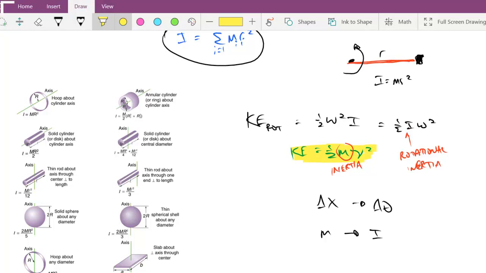Rotational kinetic energy is 1/2 times your rotational inertia, or sometimes this is referred to as rotational mass, times the angular velocity squared. So this is your rotational kinetic energy, very similar to linear kinetic energy.